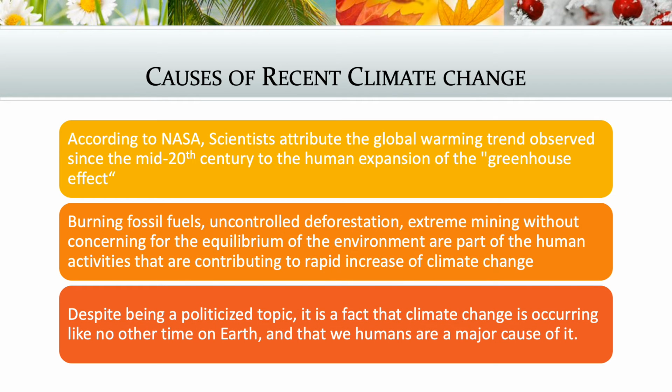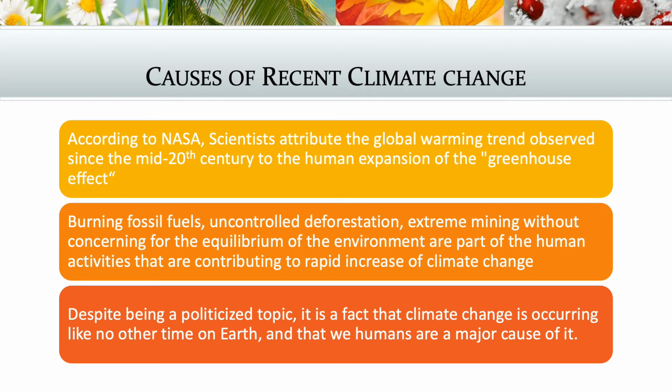To know the meaning of climate change, let's see what's causing the recent climate change that's not natural. According to NASA, scientists attribute the global warming trend observed since the mid-20th century to the human expansion of the greenhouse effect. This is the release of greenhouse gases by humans into the atmosphere, so it incorporates and causes warming.